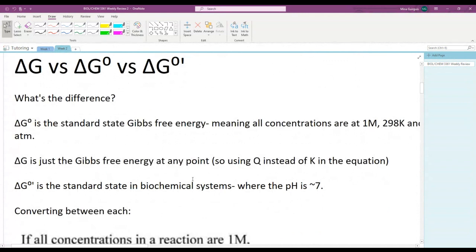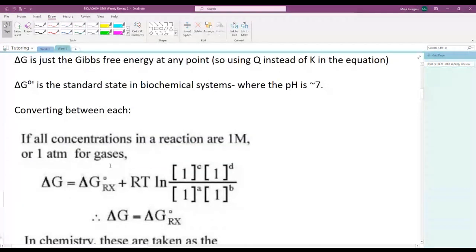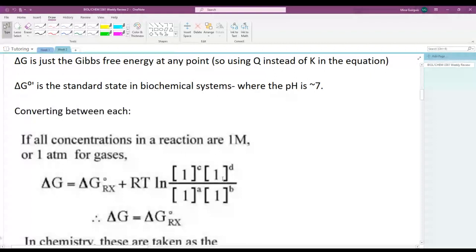So I want to just very briefly tell you guys converting between each of them. Let me start off by saying this is the general form of the delta G naught to delta G conversion. You're going to say delta G naught of the reaction plus RT ln Q helps you convert to delta G, okay?